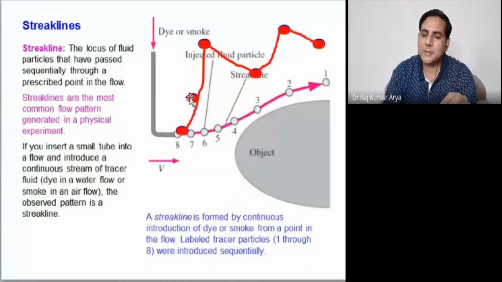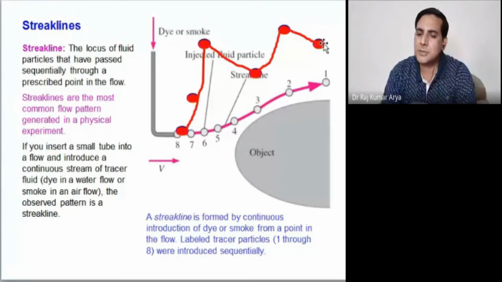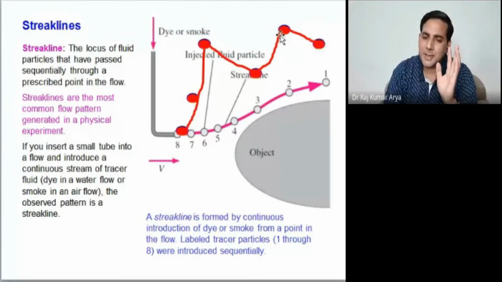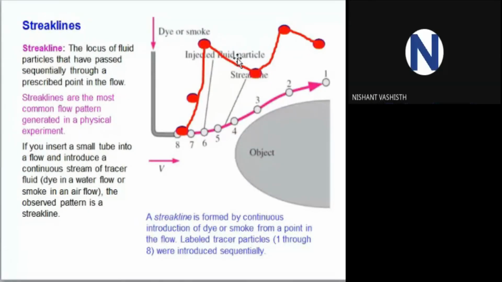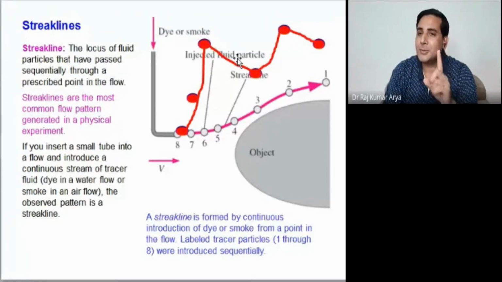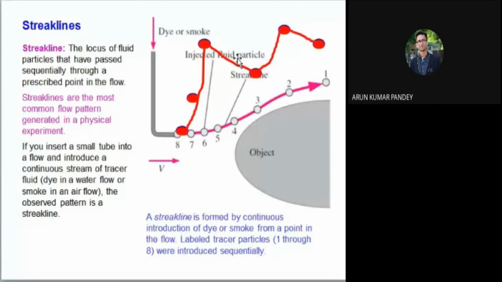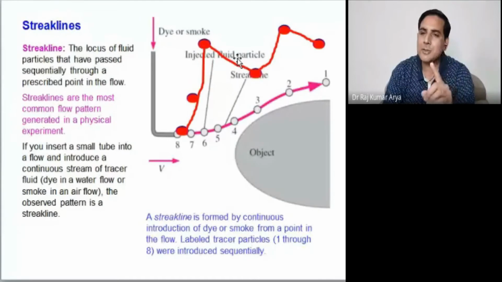After that it followed this path, then went here, then here. It has finally reached this particular point. So what line is this? Streak line? No, it is not, because you are focusing on an individual particle. Yes, it is the path line, because you are just focusing on one particle.